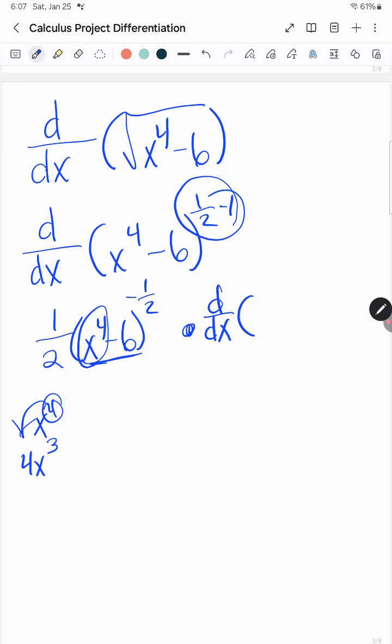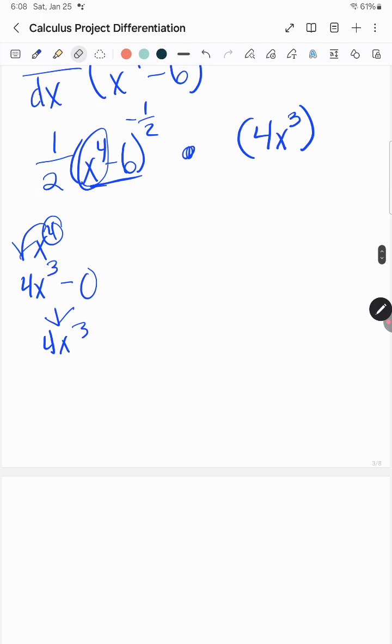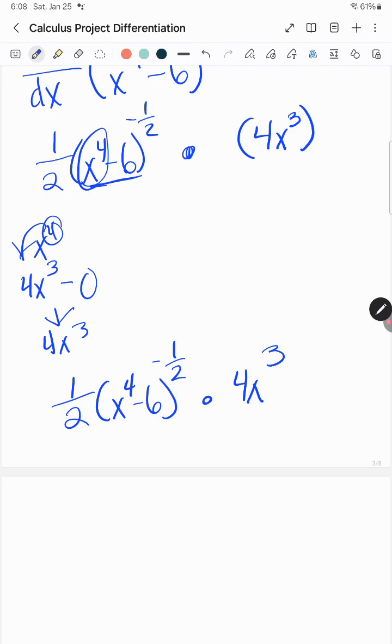So 4x to the third minus 0, because the constant is 0, which leaves us with 4x to the third, which we're going to pop back in over here. All right, continuing on, we're going to rewrite as 1/2 times x to the fourth minus 6 raised to the negative 1/2 times 4x to the third.